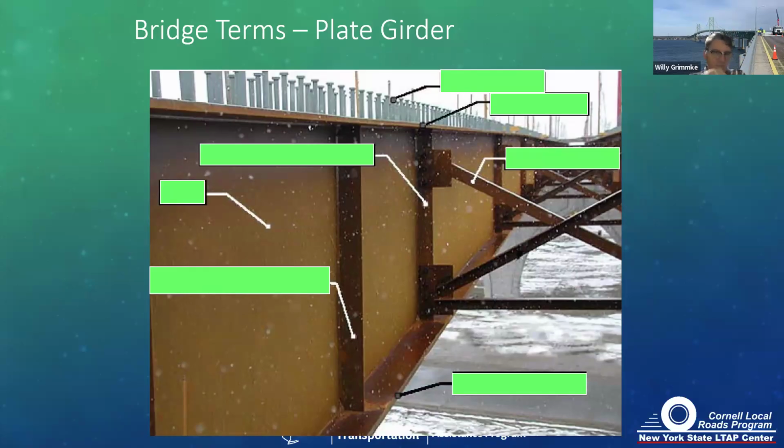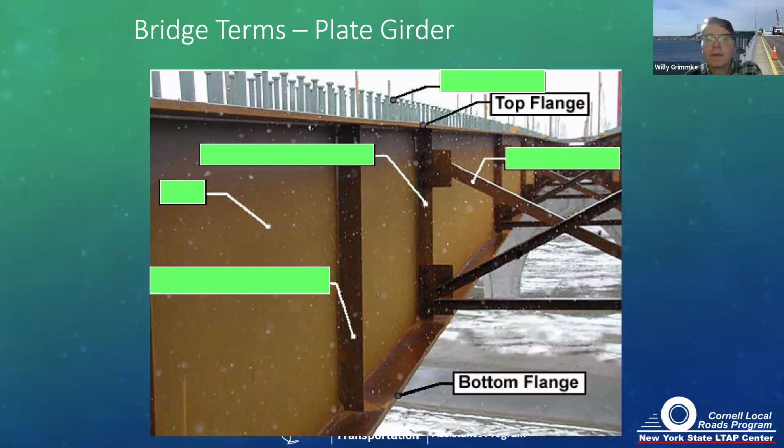So from a superstructure standpoint, here's a plate girder under construction. The components of the plate girder are our top flange, our bottom flange, and then the piece of steel connecting the top and bottom flange is the web.